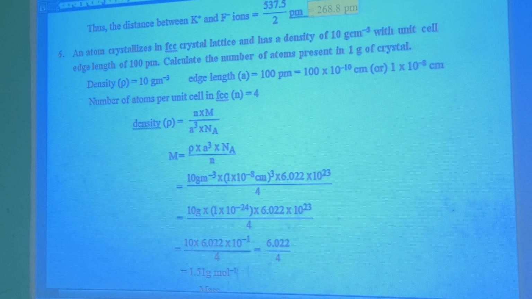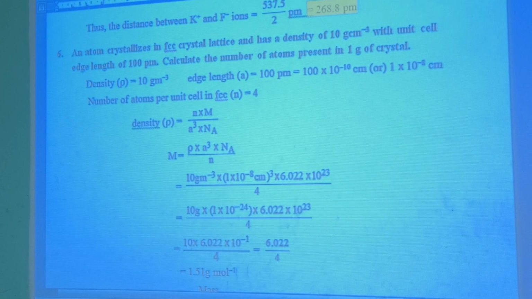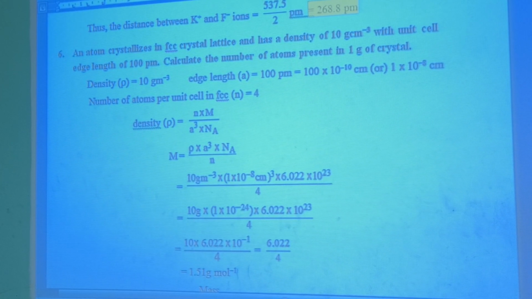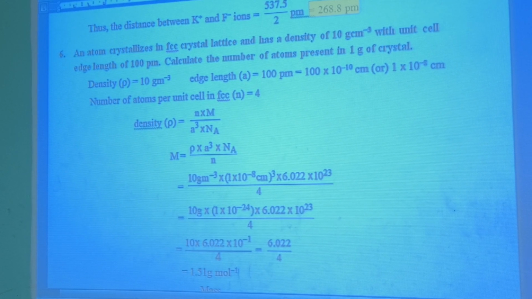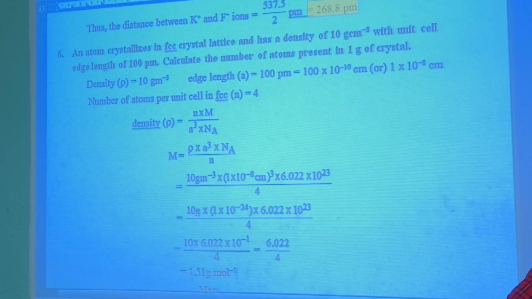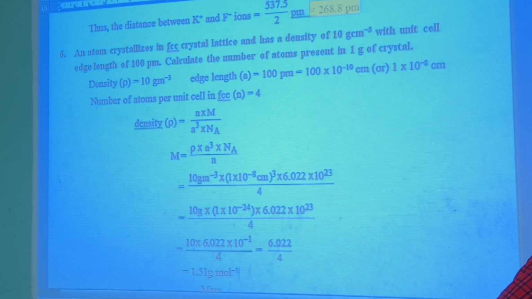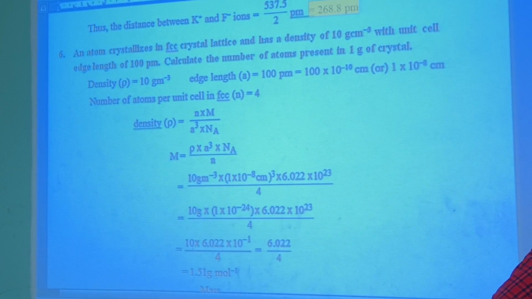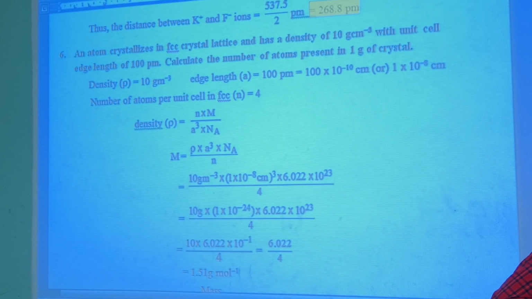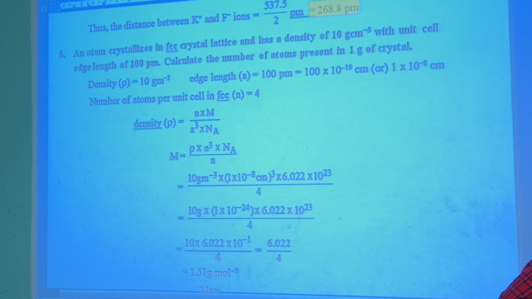If it is made 1, I have divided it by 100, therefore it has to be multiplied by 100, it will become 1 in 10 power minus 8 centimeter. Then number of atoms, density, Avogadro number you know. Therefore, density is equal to n into molar mass into Avogadro number into what else?